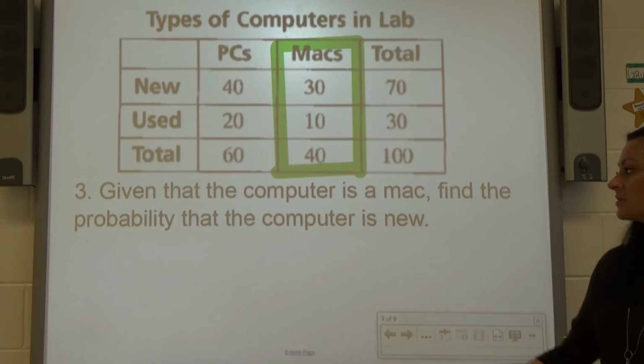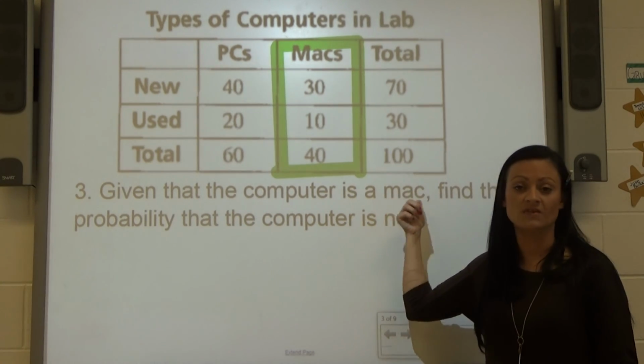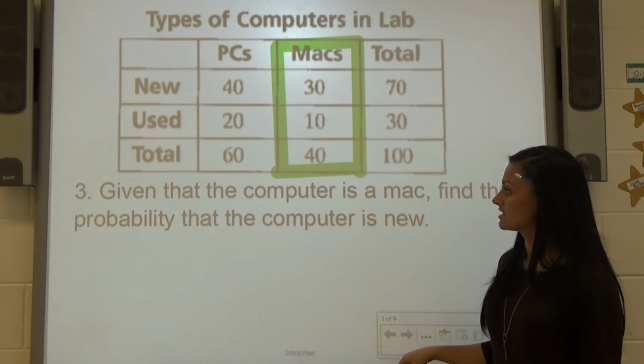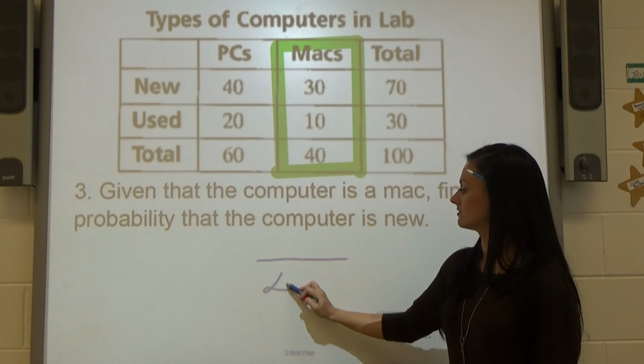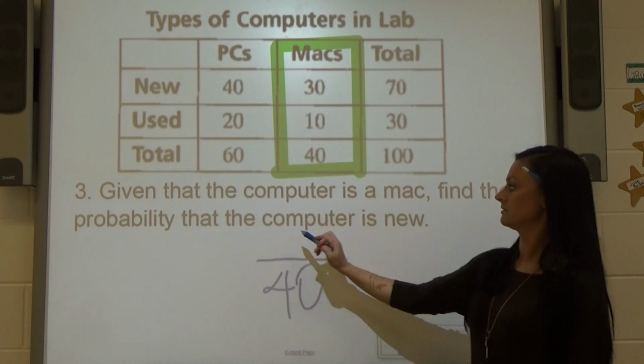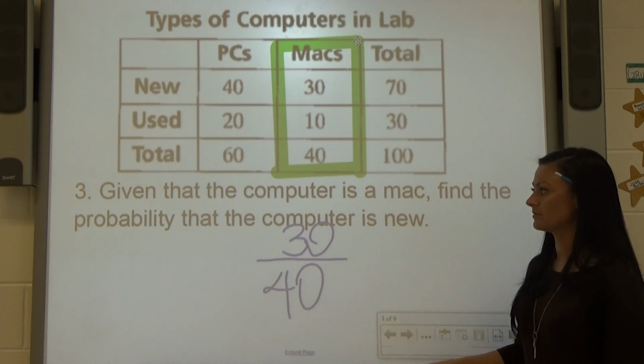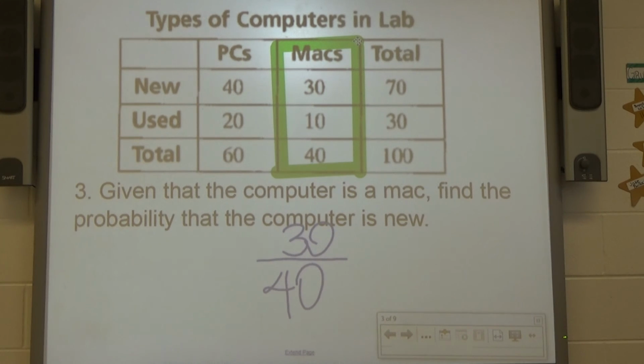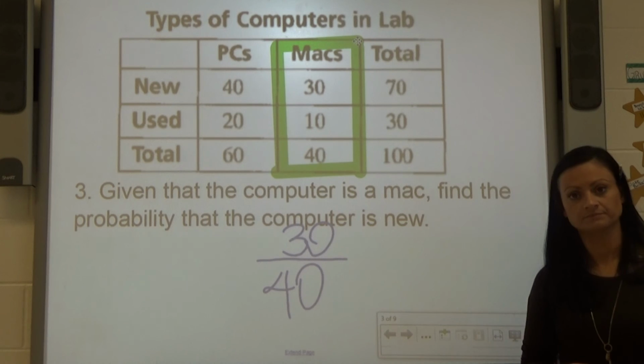The Macs matter because that's what I already know to be true. That is my given statement. The total Macs would be 40. How many of those Macs are also new? So the probability of a computer being new, given that it is a Mac, would be 30 out of 40.